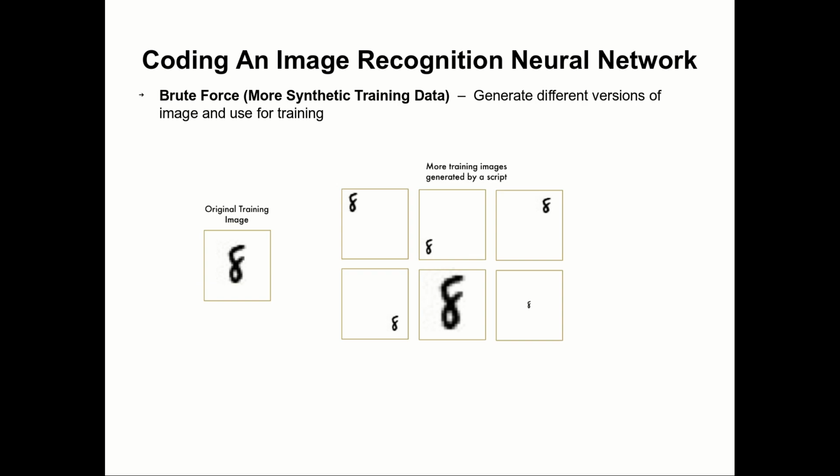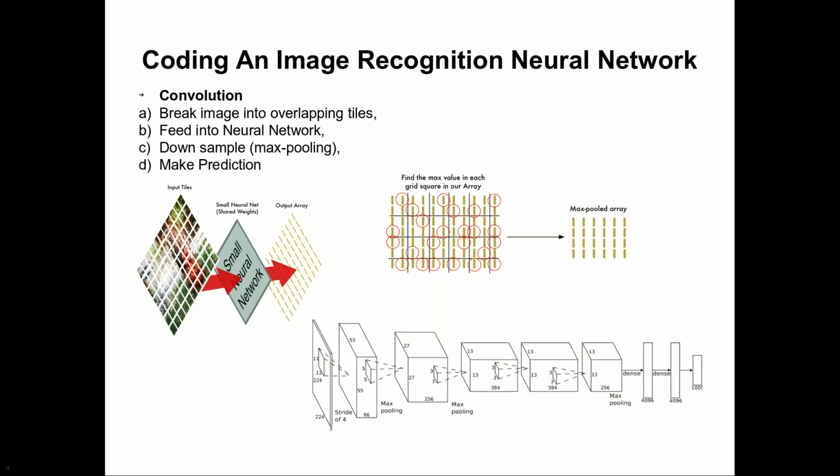The next approach, brute force again, was taking the training image and generating many versions of it by a script to train the network, which again is very inefficient, especially for high resolution images, and when we're dealing with images that are so many and that require constant refreshment.